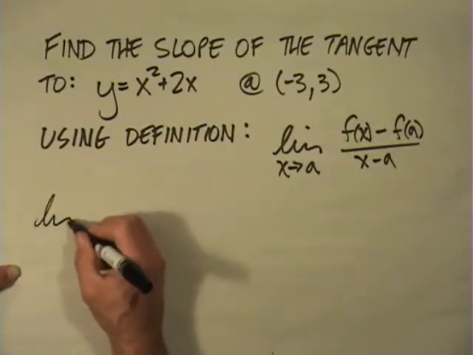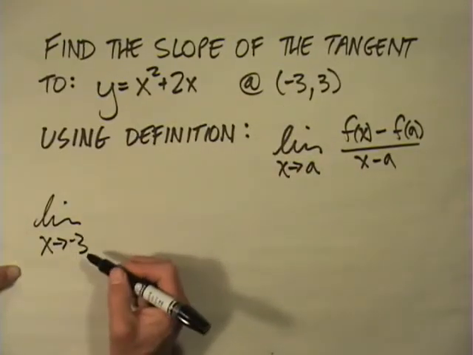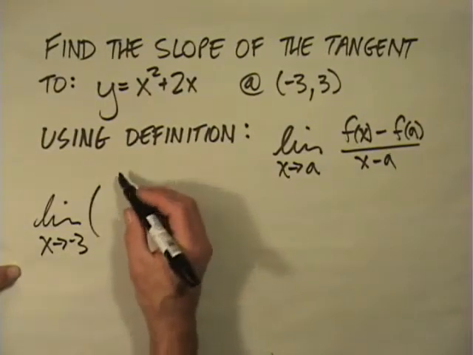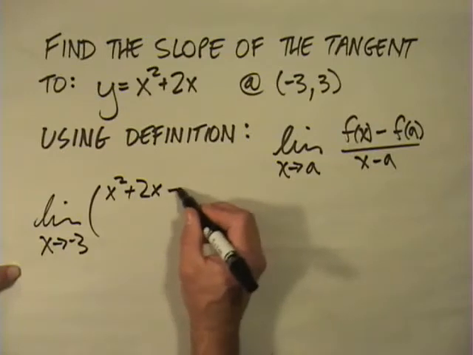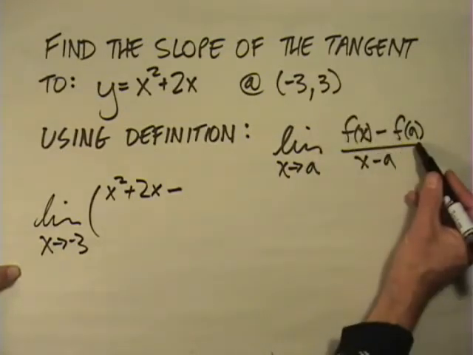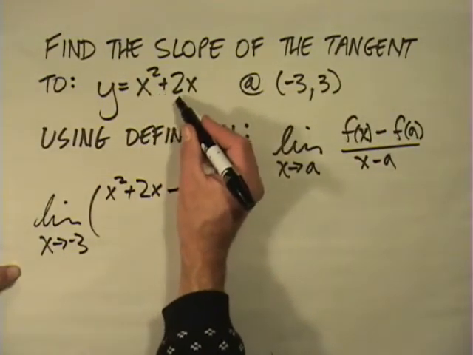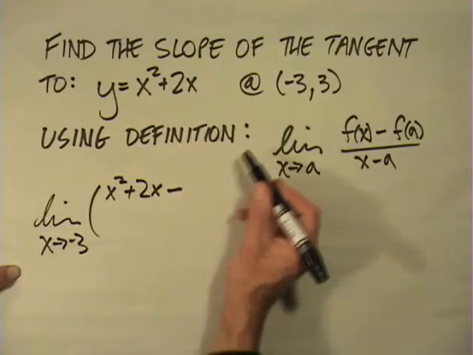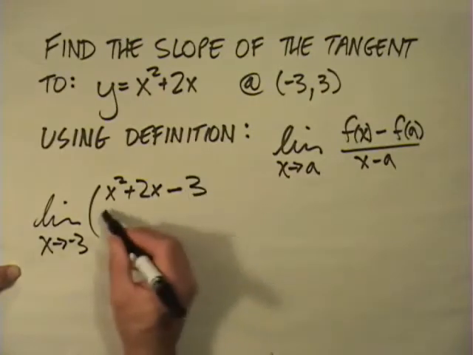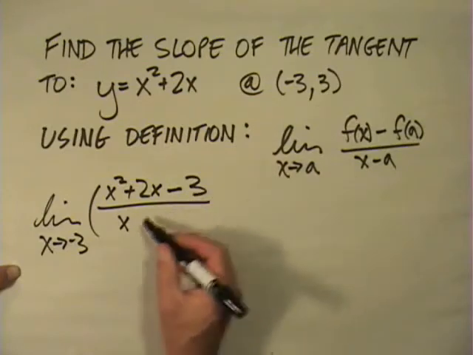So this is going to be the limit as x approaches -3 of our function, x squared plus 2x, minus the y value, f of -3. When I plug in -3, I get 9, plus 2 times -3 is -6, so 9 plus -6 gives us a +3, and then I'm subtracting it, and that is over x minus -3.